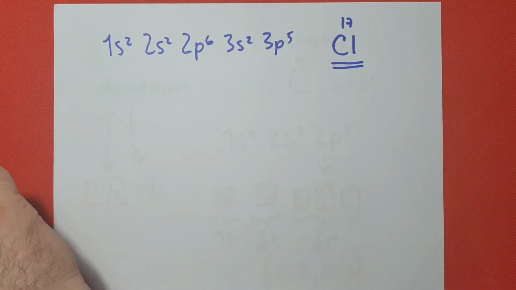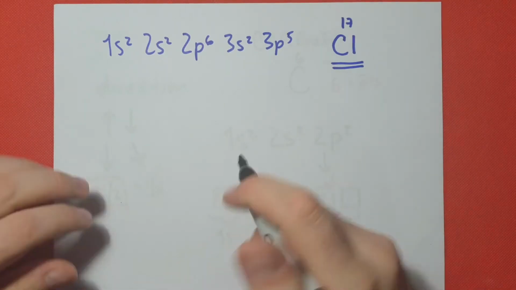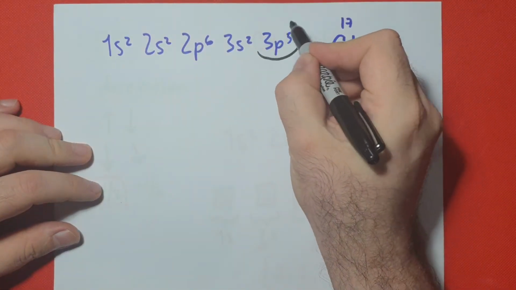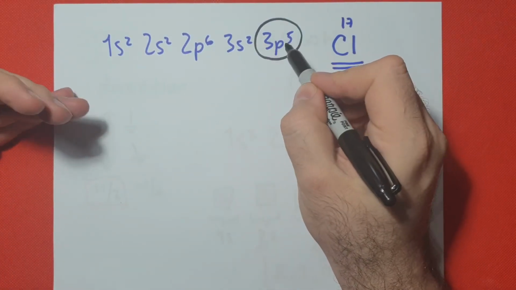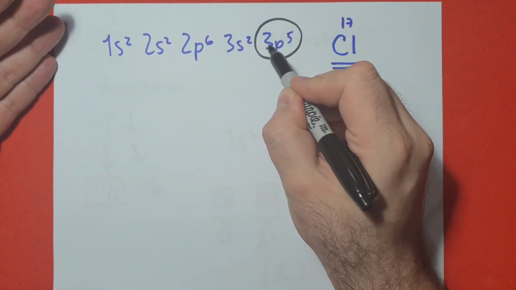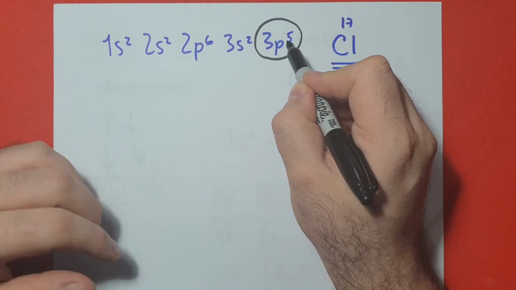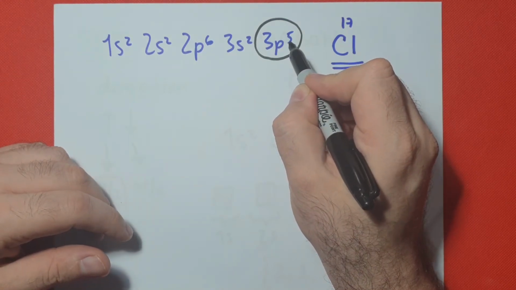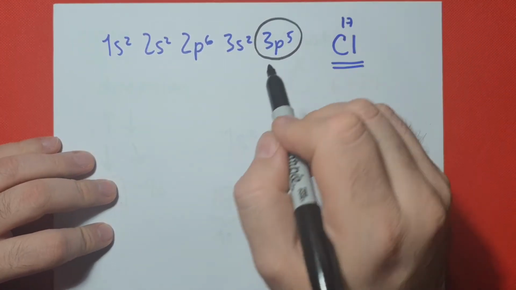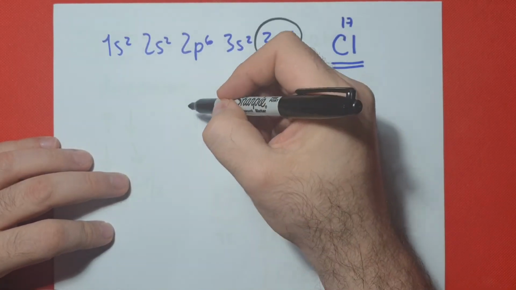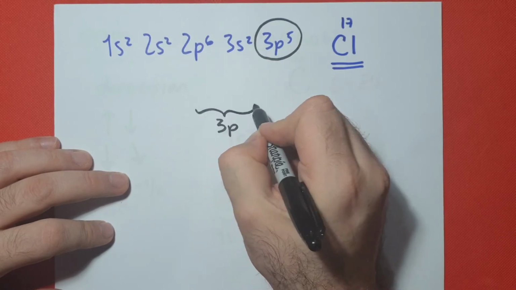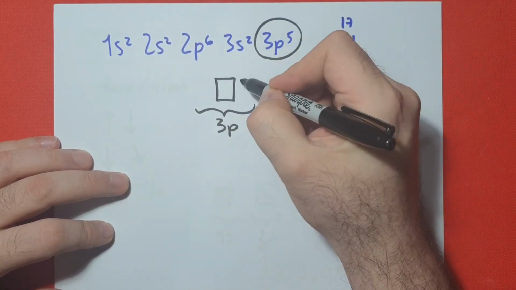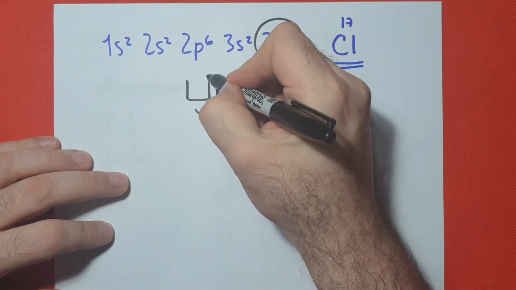So if we want to get the numbers for chlorine, we're going to look at the last orbital that was filled, which is 3p5. And remember, the whole orbital has a number, a coefficient, and a letter to describe the shape, and then a superscript to tell us the amount of electrons in it. So I'm going to focus on this one, and I'm just going to go ahead and write it. It's 3p, and if we remember, p orbitals have 3 boxes, right?